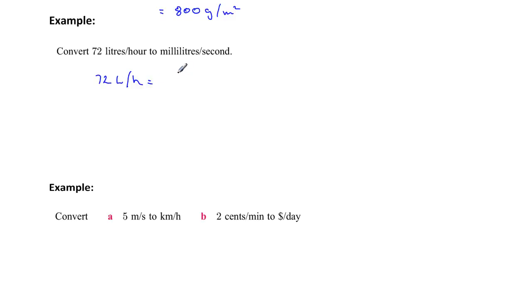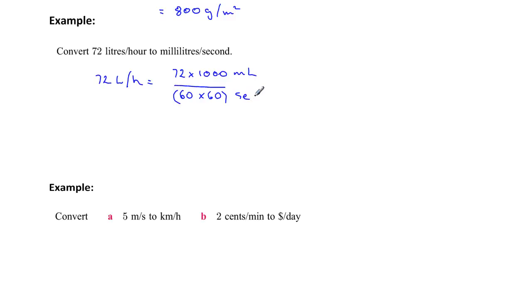So we know that 72, if we multiply it by 1,000, will give us our millilitres, because there's 1,000 millilitres in 1 litre. And it's got to be done to seconds. And so we know that 60 minutes is 1 hour. And if I times it by 60 again, that will take us to seconds.